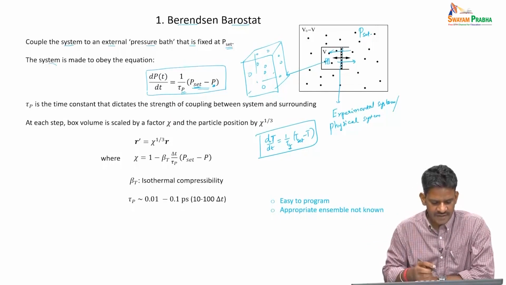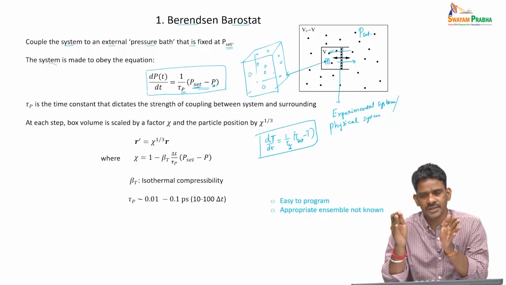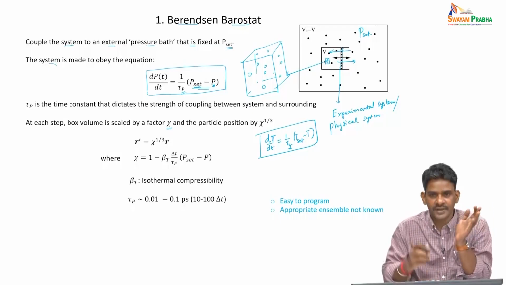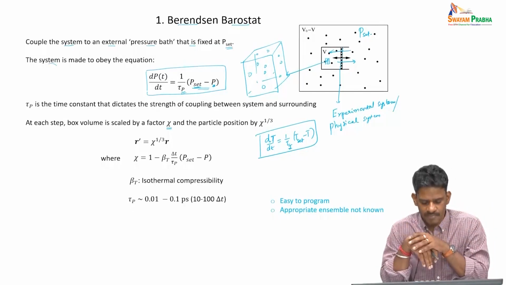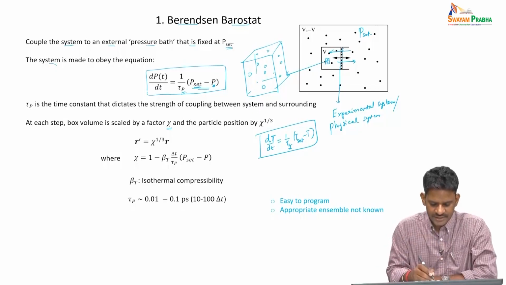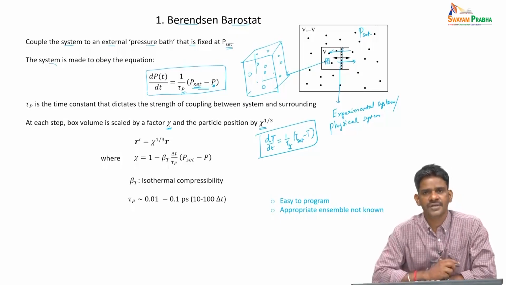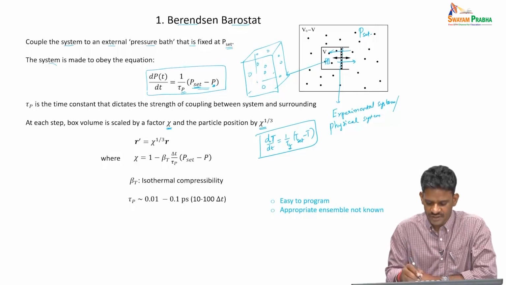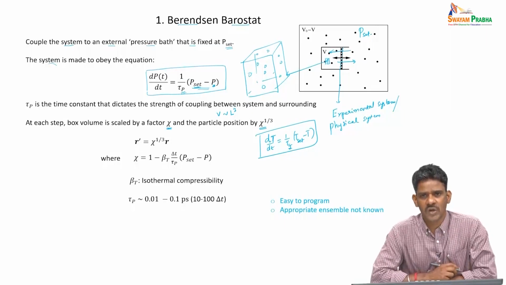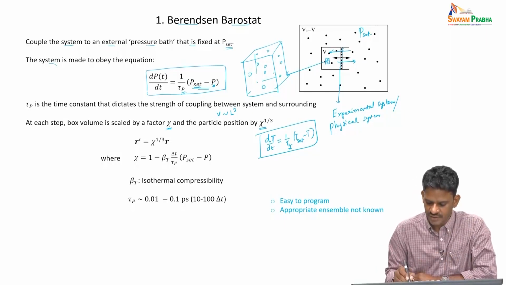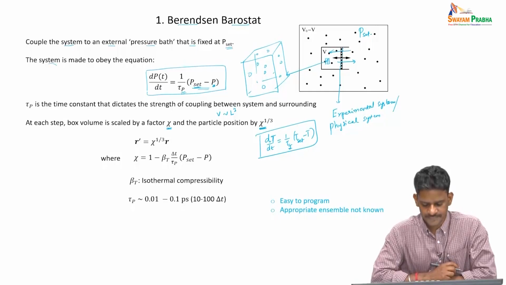So, here we have to imagine that the simulation box is scaled by a factor chi every time there are some changes happening in the system, and if the volume is scaled with the parameter chi, then the coordinates or the linear edges of the box should be scaled with the 1/3 power of this parameter chi, because it is a 3-dimensional system and V is proportional to L cube.